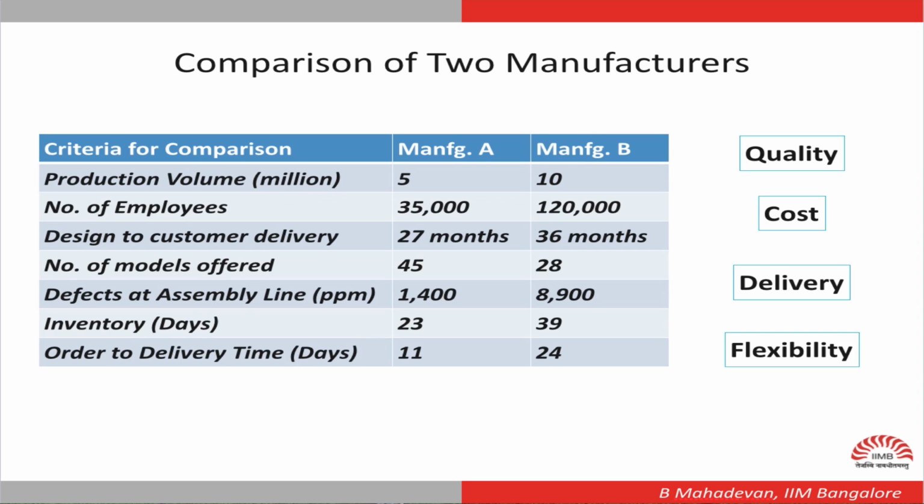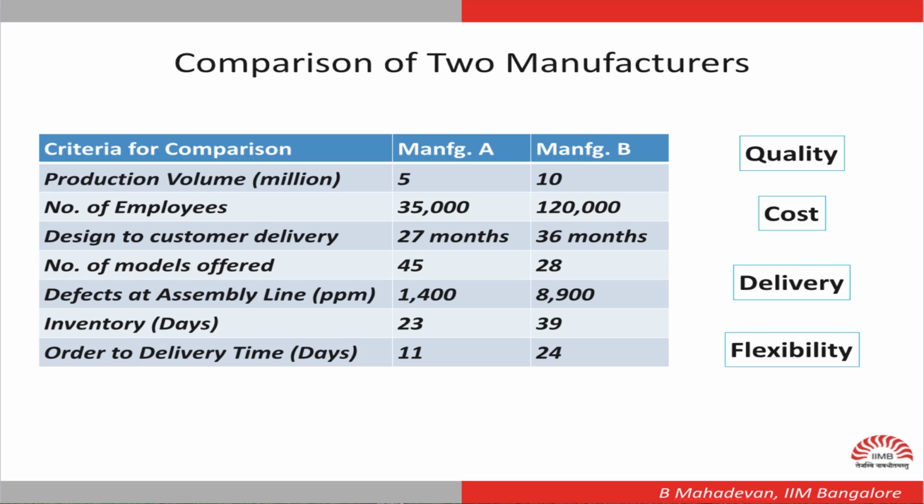Now let's look at a comparison of two hypothetical manufacturers. Let's call them manufacturer A and manufacturer B. Now manufacturer A has a production volume of 5 millions and manufacturer B has a production volume of 10 millions, which is the basic reference with which we may be able to compare. Let's assume very similar product, say automobile or a certain kind of a component which are very similar.